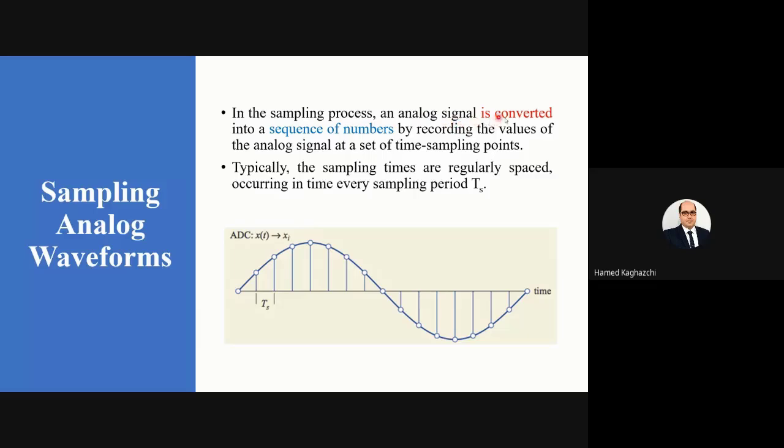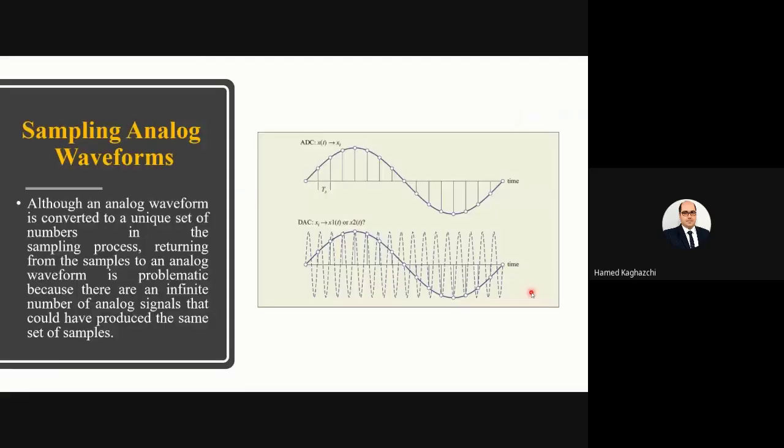This analog signal is converted into a sequence of numbers by recording the values of the analog signal at a set of sampling times. Ts is the sampling period. At this period, we sample the analog signal. This is also Ts, this is also Ts, Ts, Ts, Ts up to the end.